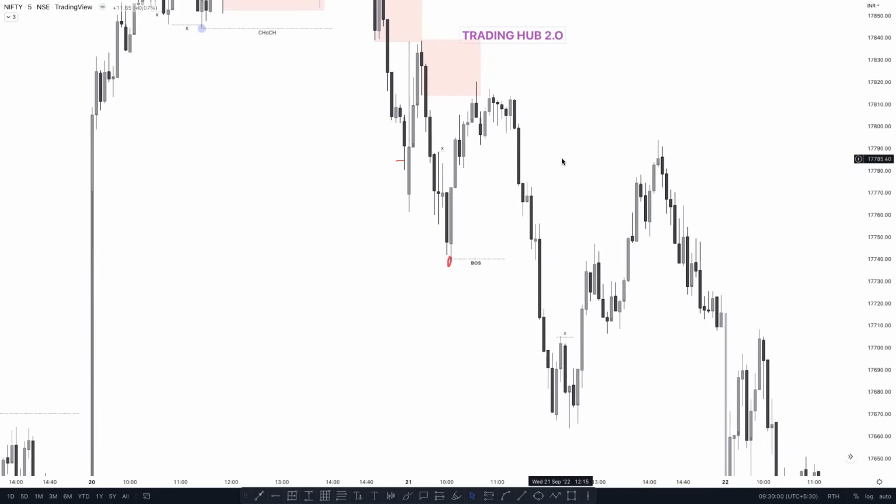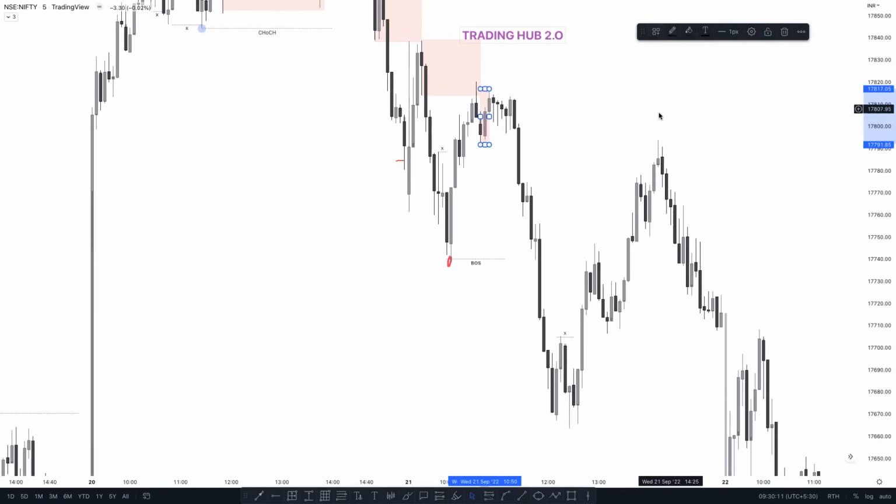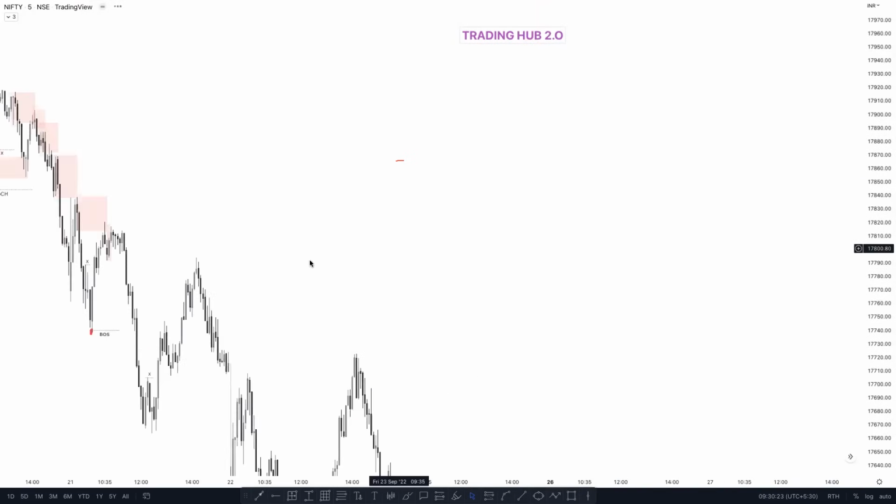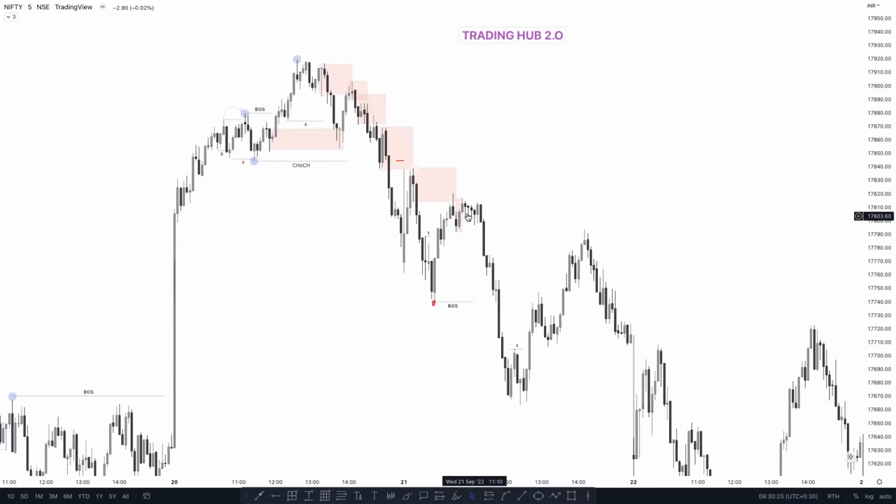First thing, here you have to mark where is our last buying move before the drop. So in this case, you can see this one is the last buying move before the drop, right?